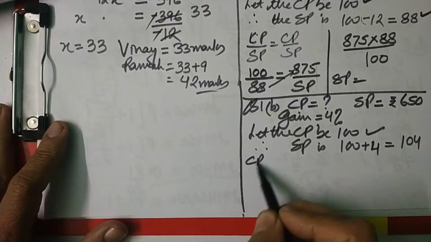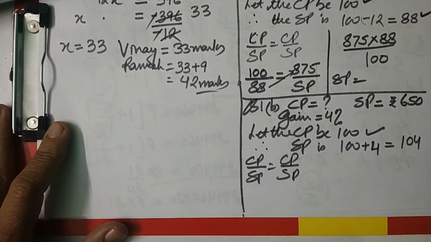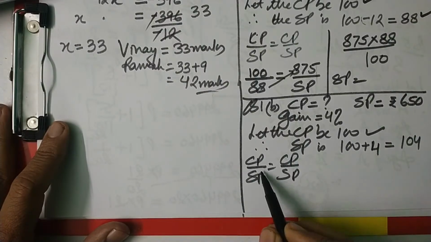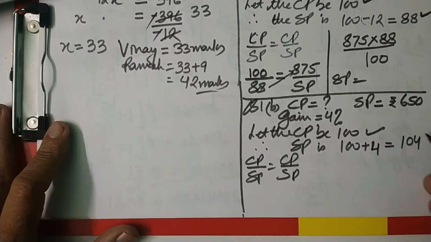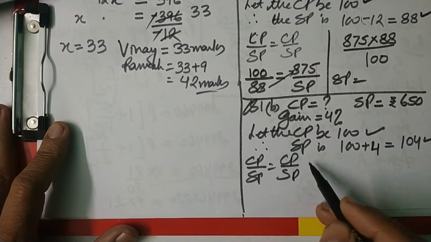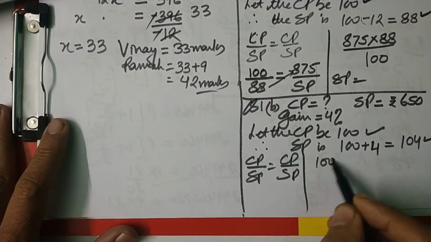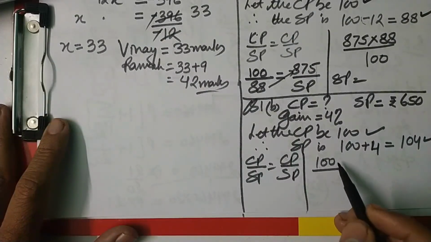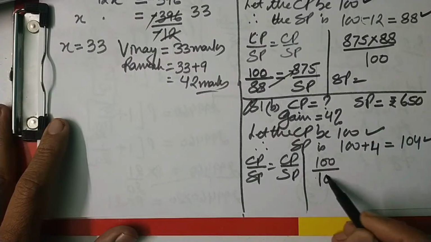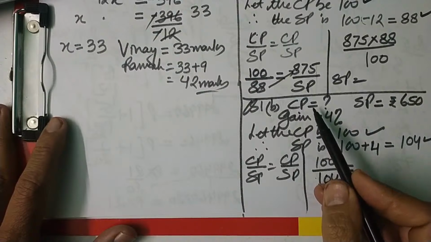So CP upon SP. And now CP is what? 100. This is SP. So 100 upon SP, which is 104. And this CP is the CP which we have to find.